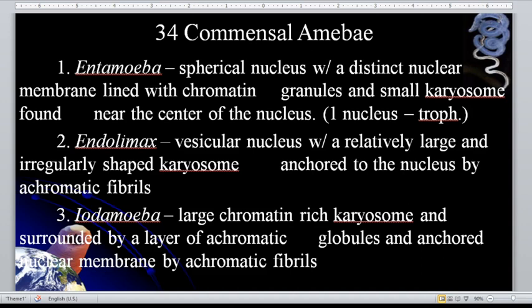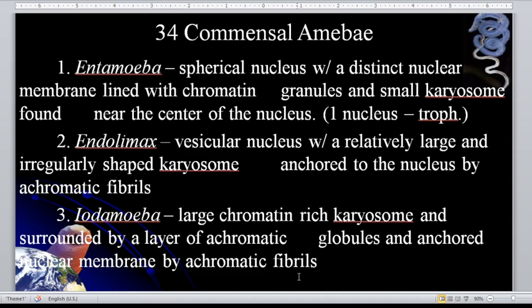We need to discuss these parasites for us to know their characteristics and to be able to differentiate commensal amoeba from Entamoeba histolytica, because they can be mistaken for the pathogenic Entamoeba histolytica.